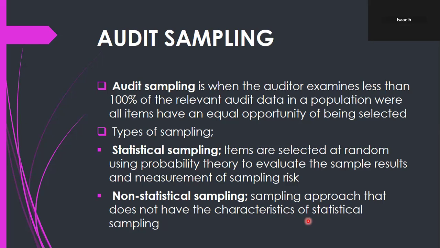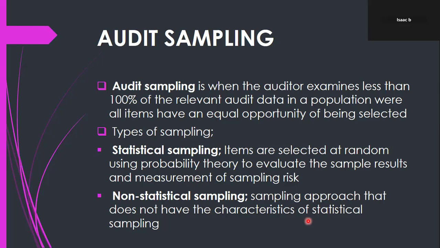Then they conclude that if this sample is reflecting this particular transaction, then the rest of the information has an equally similar effect. So that's audit sampling: the auditor examines less than 100% of the relevant audit data in the population where all items have an equal opportunity of being selected.